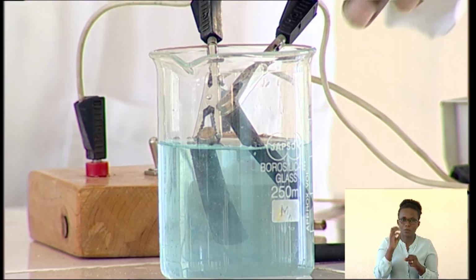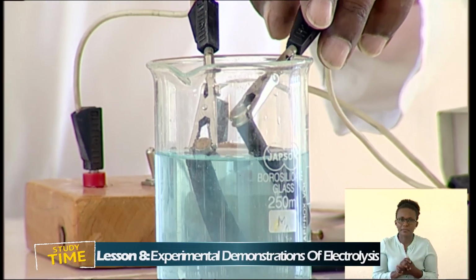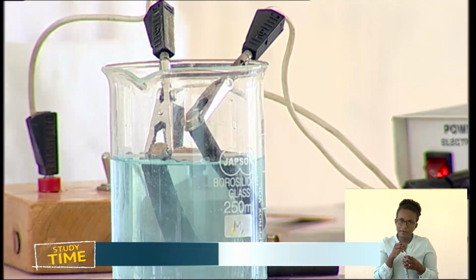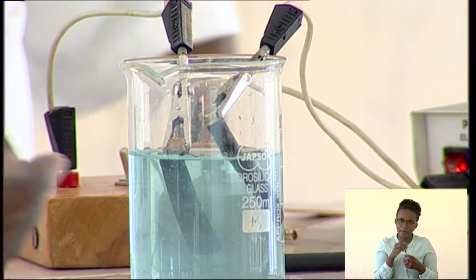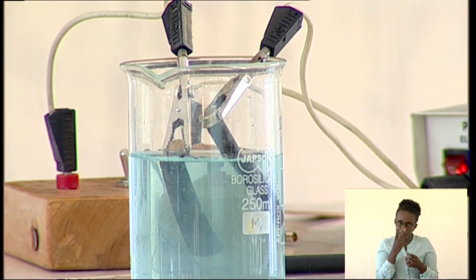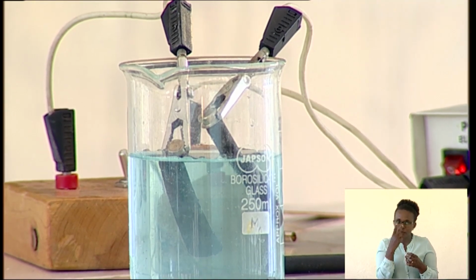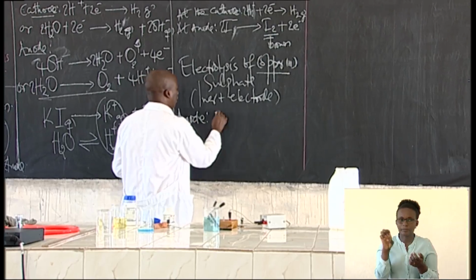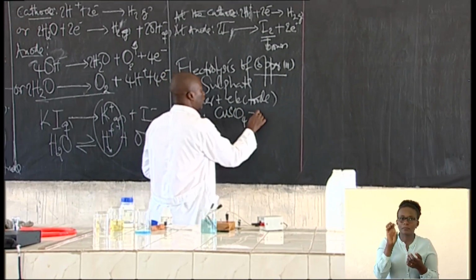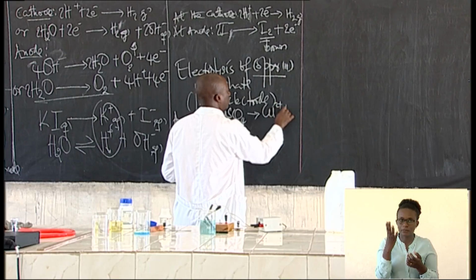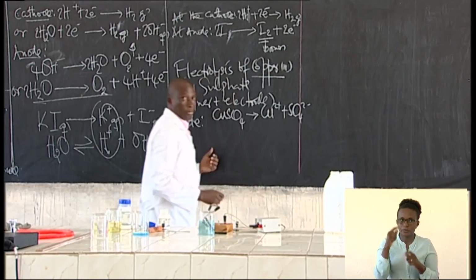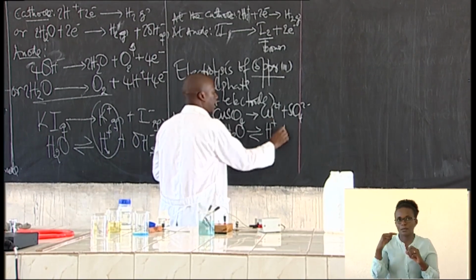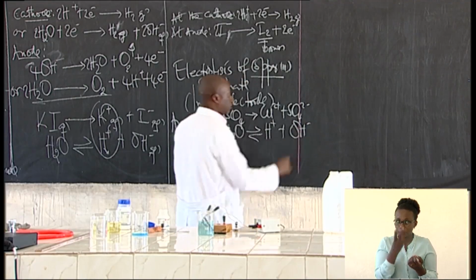What is happening in the solution over there, you see the gas, but when you look at this one on the side, it appears as if there is nothing. So what is happening? We need to first look at the ions present. You have copper 2 sulfate, so the ions present are the copper 2 ions and the sulfate ions. You have water present, so you have the hydrogen ions and the OH ions.